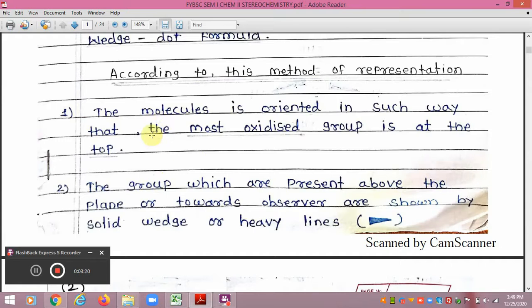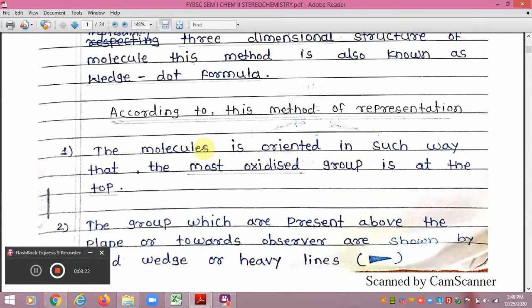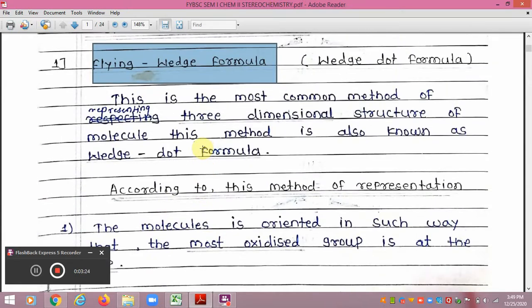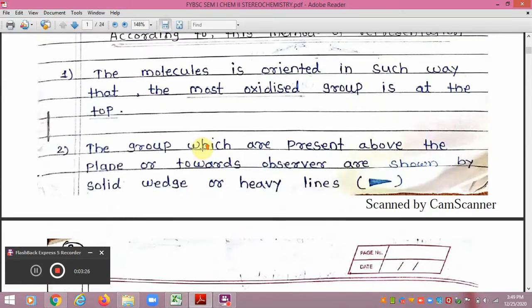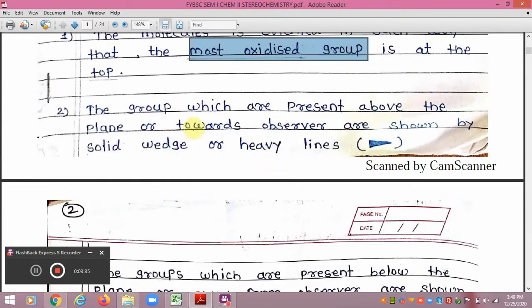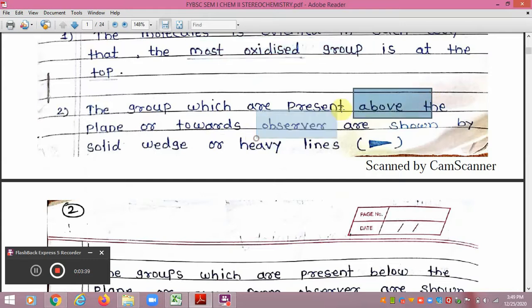In this wedge dot structure or flying wedge formula method, the molecule is oriented in such a way that the most oxidizable group in the molecule should be present at the top. The groups which are present above the plane or towards the observer are always shown by means of a solid wedge or heavy lines.